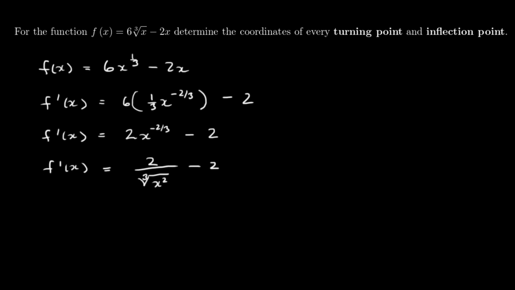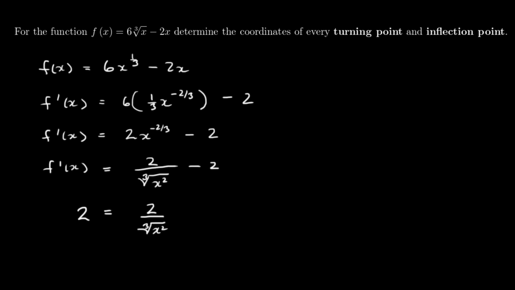So let's set our derivative equal to 0. And maybe instead of rewriting this whole expression again, you can visualize that and think I'm probably going to add 2 to both sides. So let's at least maybe do that in one step. So I've set my derivative equal to 0, and I'll add 2 to both sides. So I'll get 2 on one side, and that has to be equal to 2 over the cube root of x squared.